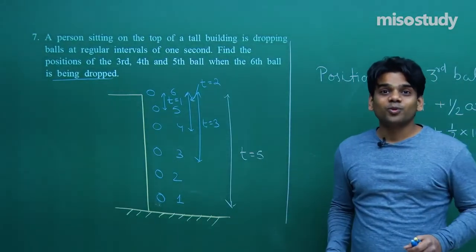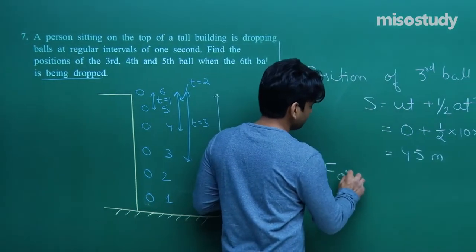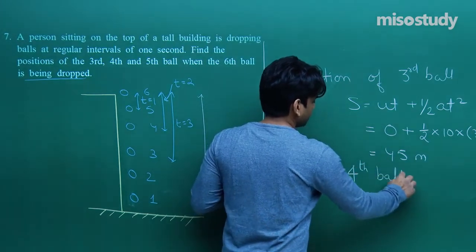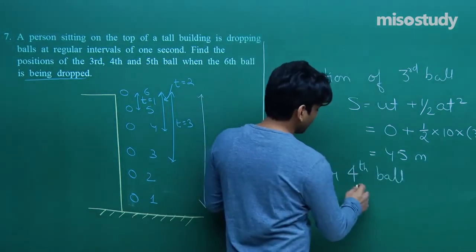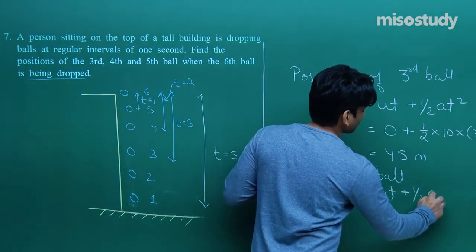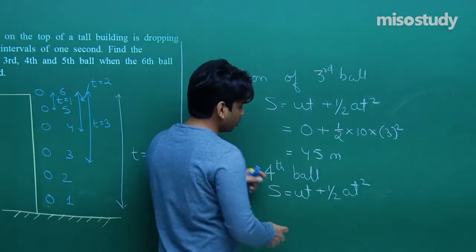Similarly, you can find out the position of the fourth ball. So for the fourth ball, use s equal to ut plus half at square. The only thing that you have to see is u is 0, so half at square.